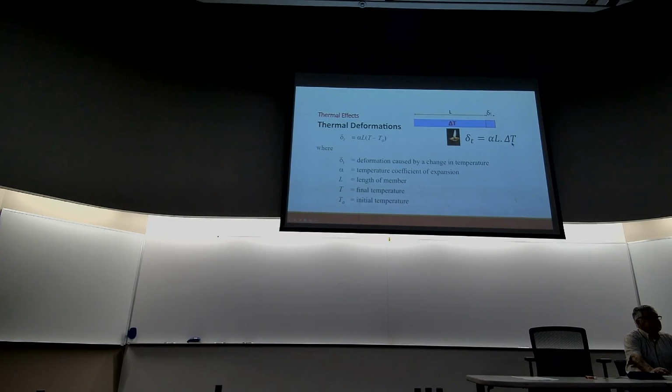And this is the temperature change. Here are tables from your book. I have highlighted the column corresponding to alpha in yellow here and here. SI units on the left, English units on the right.